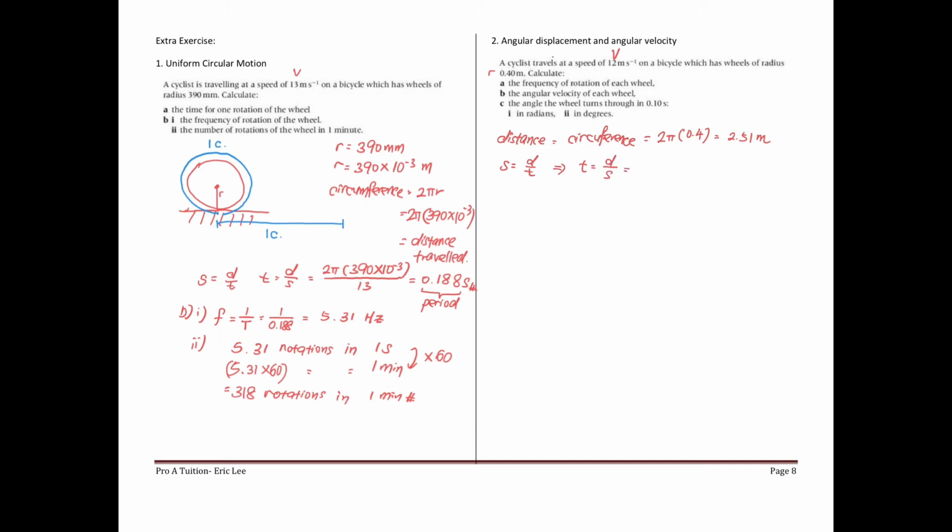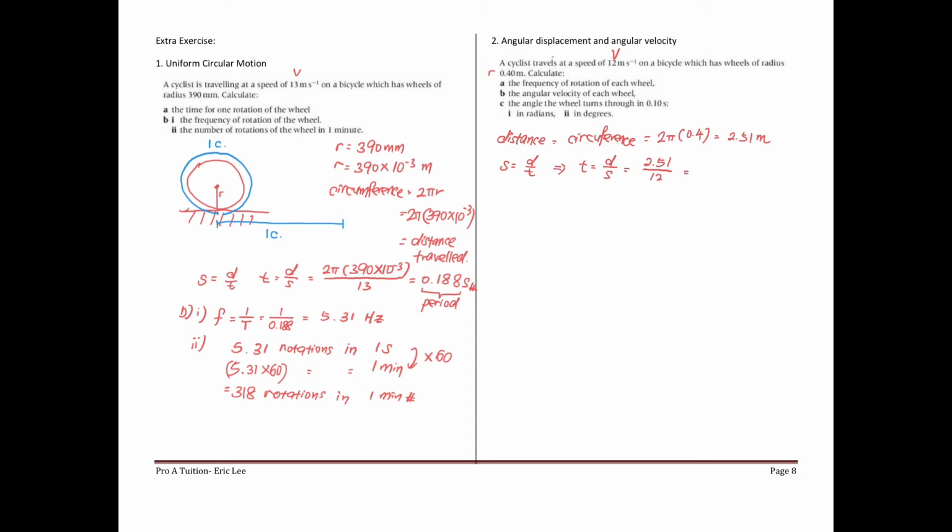The time here is a period, as what we considered here is 1 round. So the time for 1 round is a period. The distance traveled is 1 round, which is 2.51. The speed is 12.